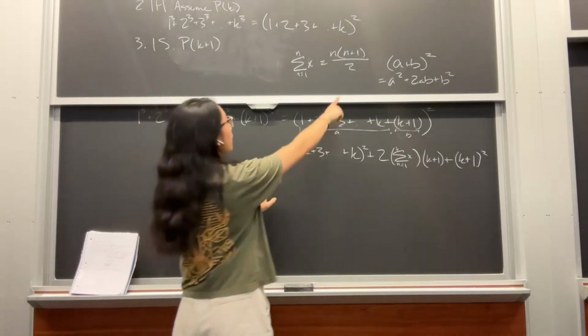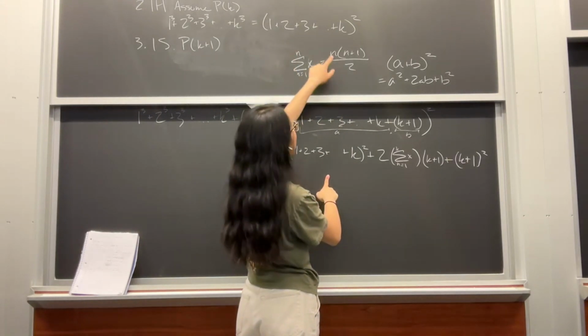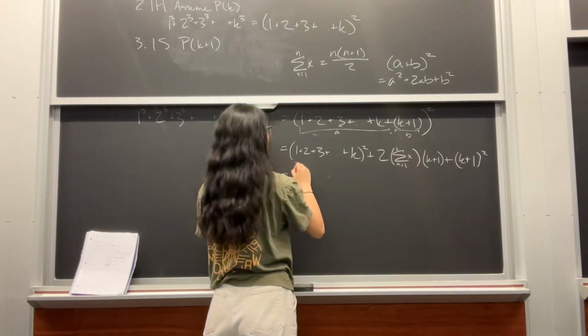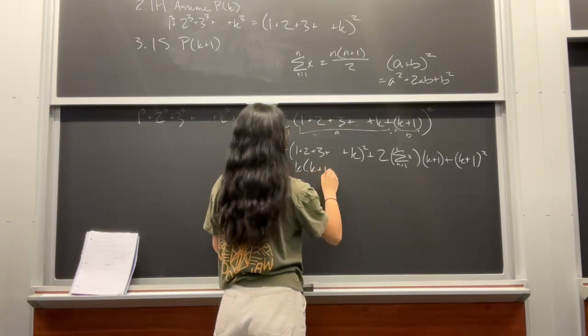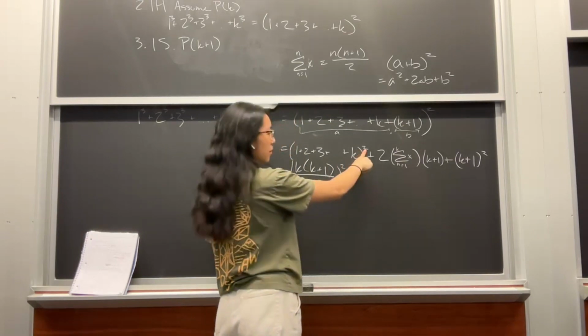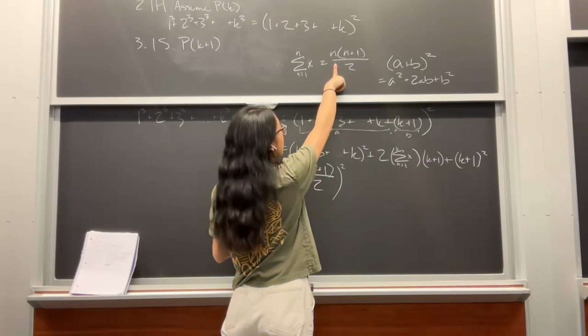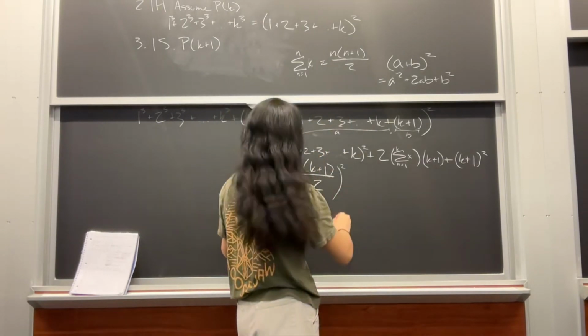So we can pull this formula down here, where we're going from 1 to k instead of 1 to n, and we'll get k times k plus 1 over 2. That whole thing squared, remember, because we're squaring this, but the formula we have here is not squared.